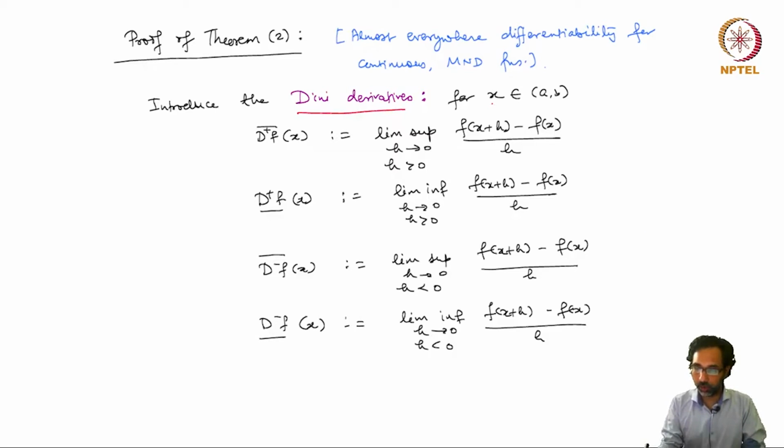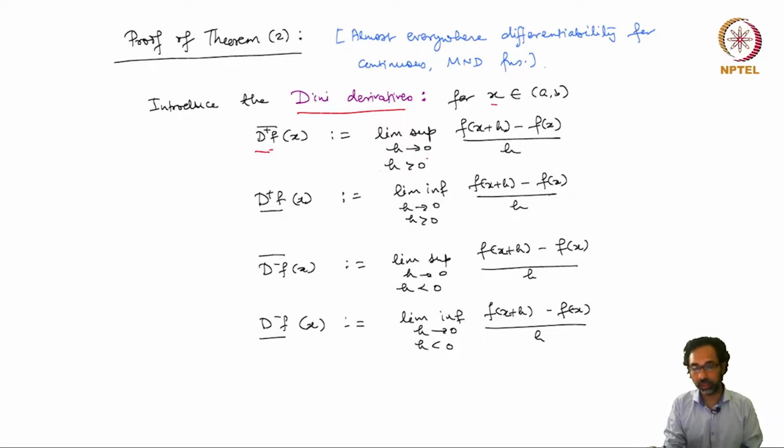If you take a point x, an interior point in (a,b), then the first one, D^+ f upper bar, is equal to the lim sup as h tends to 0 of this expression (f(x+h) - f(x))/h that appears in the definition of a derivative.